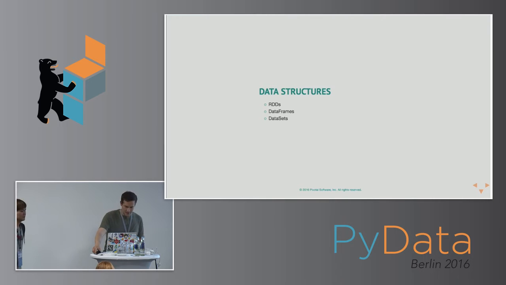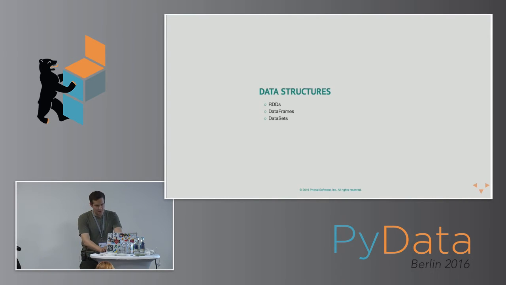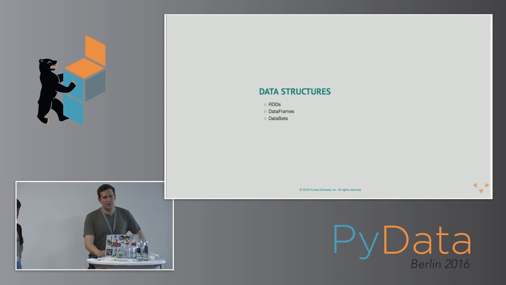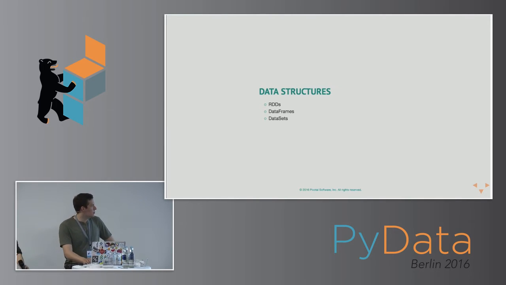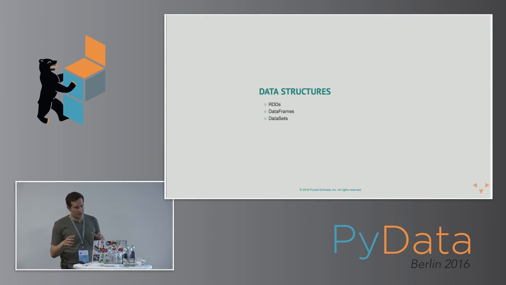Yeah, let's quickly review some of the core data structures in Spark. So first of all, there are RDDs. These are resilient distributed data sets. And what they do is these are really a distributed, fault-tolerant collection of items.